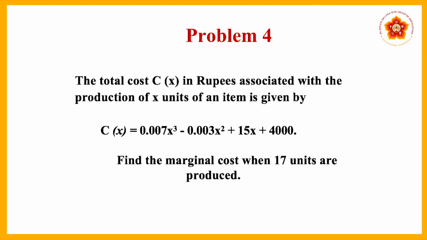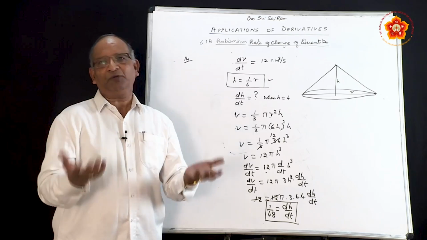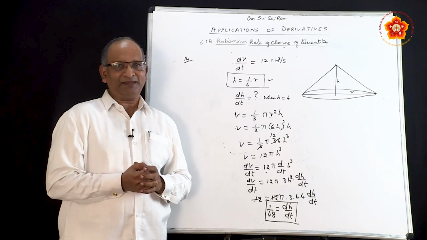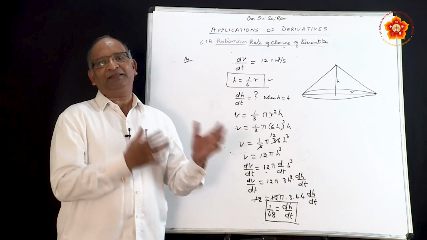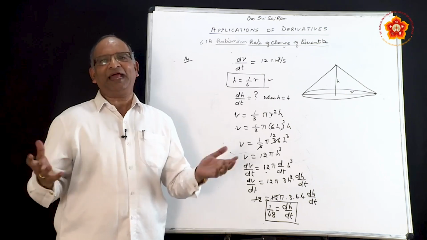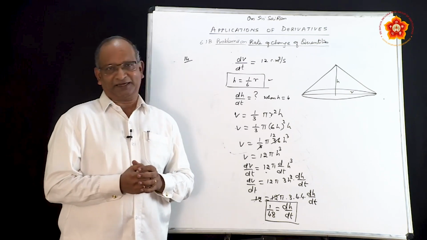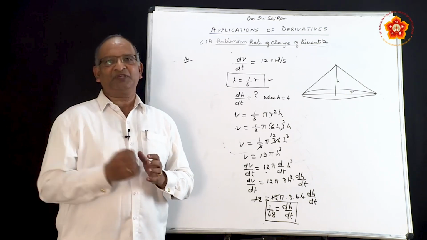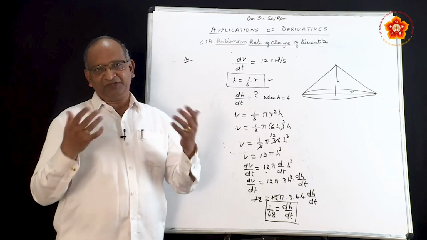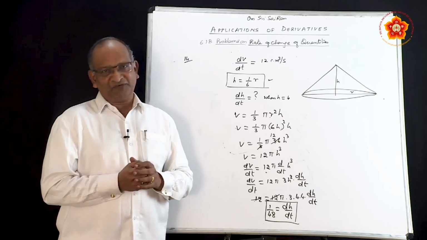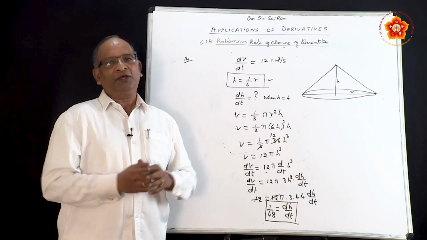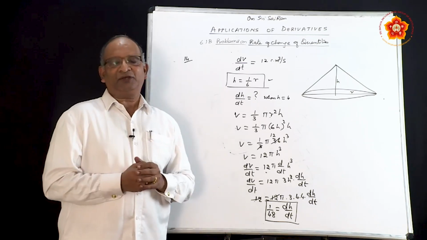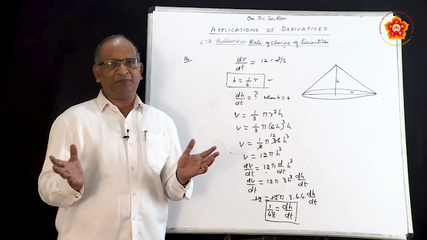He has given a function, because you know that when you want to produce something in the factory, it is not just the money which you spend for buying the raw material. There are so many other aspects which you have to take into consideration, like the wages which are paid to the people, the money which you have invested for the infrastructure and machines, the bills which you have to pay to electricity, the wages which you have to pay to the employees. So many factors will be there.